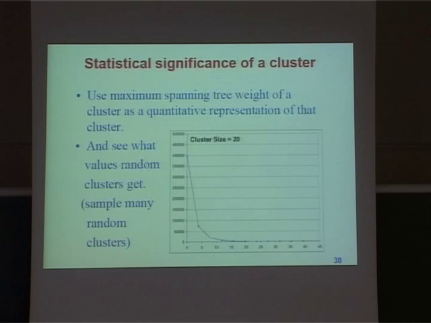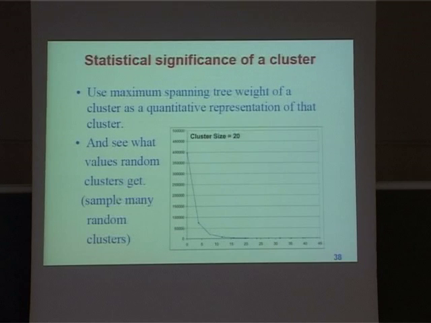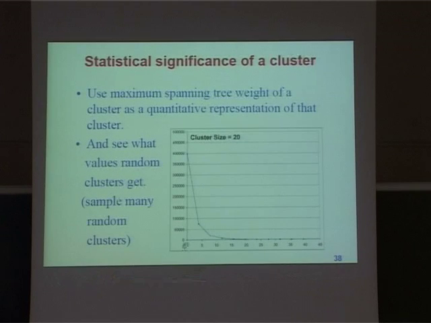A million times, we selected 20 random nodes, and we counted how many edges this random cluster had. This is a histogram, and the x-axis shows that about 40%, 400,000 of these 1,000,000 randomly chosen 20-node subsets, have no edges between them.